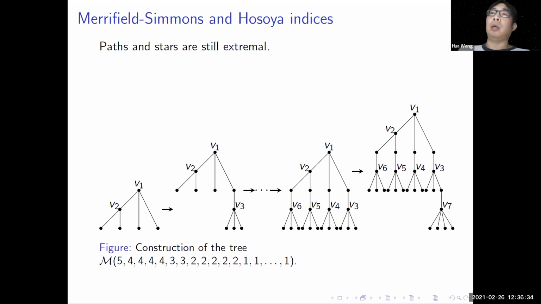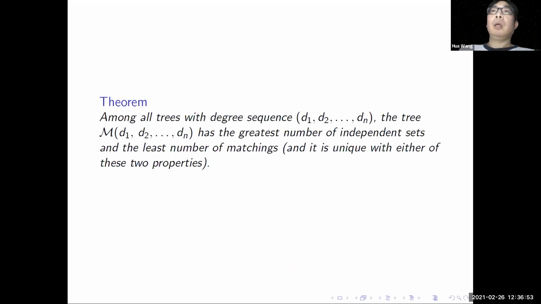Because the independent sets and the matchings both require the items counted to be disjoint. And this alternating max-min degree achieves that in some sense. So that's my attempt at explaining the structure intuitively, and that was what this theorem was about.